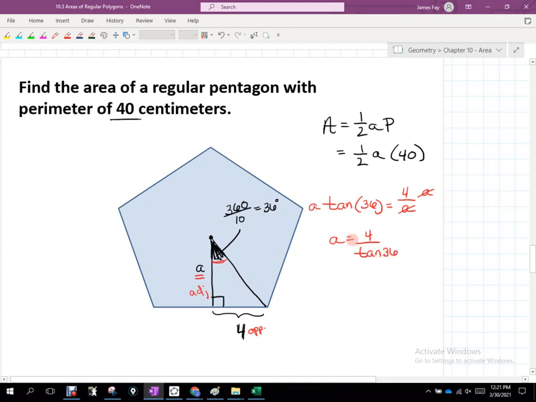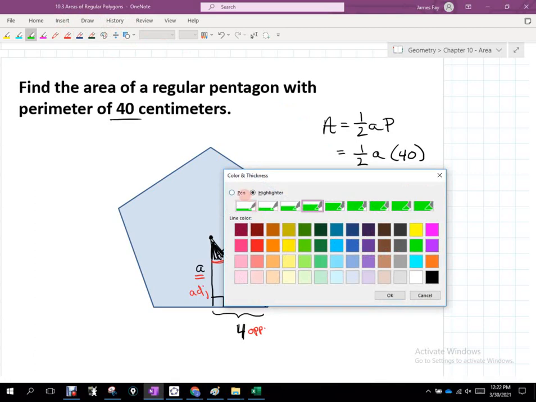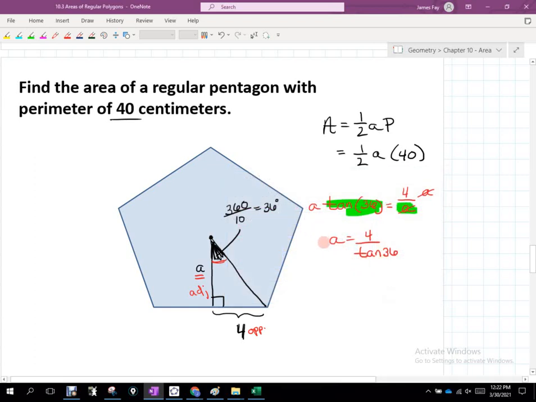So the idea is that when my variable is the denominator, those two things I just highlighted switch spots, correct? Okay. So now I've got my apothem. A lot of times you might not be asked this, but when we get to maybe a college algebra or trigonometry class, they might ask you to type your answer in as an exact answer. So right now I'm going to go 1/2. This is my apothem, 4 divided by tangent of 36, and my perimeter is 40.